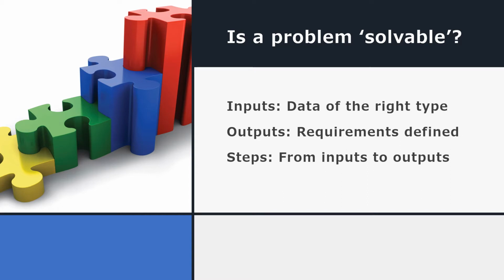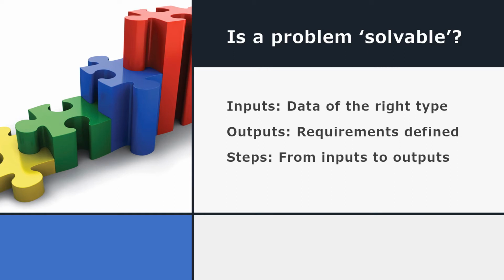So if a problem is solvable by a computer, then it probably has inputs which will be data of a type that the computer can process, numerical, quantifiable data. And we will have some idea of the type of outputs that we are aiming at. Even if we don't know what the actual output will be, we know the type of result we are trying to get.